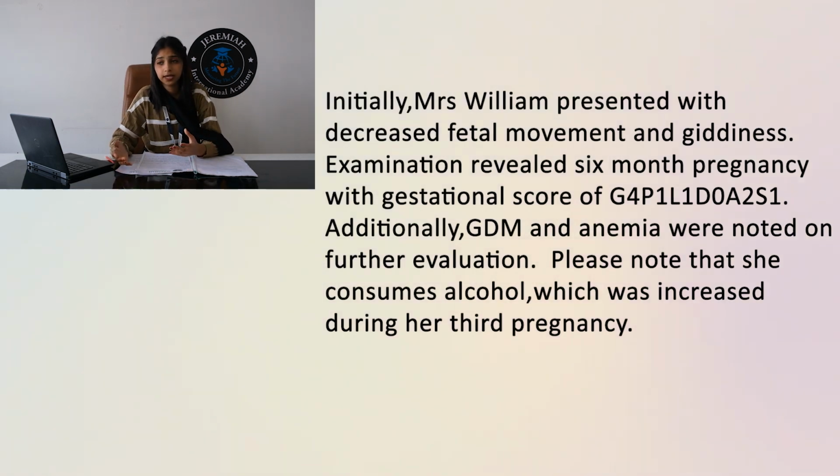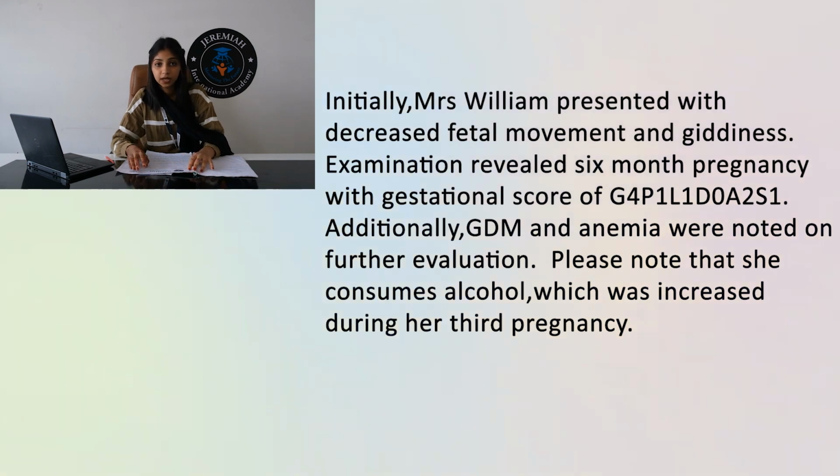You can write it in any form: on examination, 6-month pregnancy with a gestational score so and so was noted. Then additionally GDM and anemia were noted on further evaluation. So we have listed all the diagnoses of the patient. And next, please note that she consumes alcohol, which was increased during her third pregnancy. Okay, this is regarding the first body paragraph.